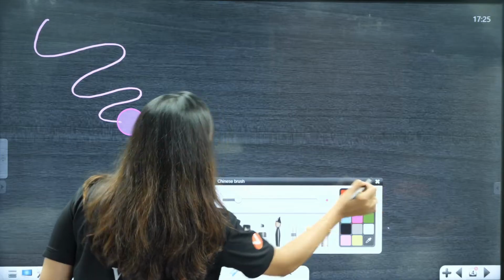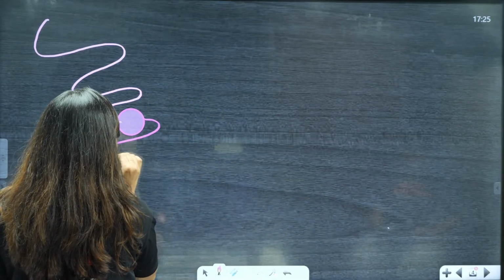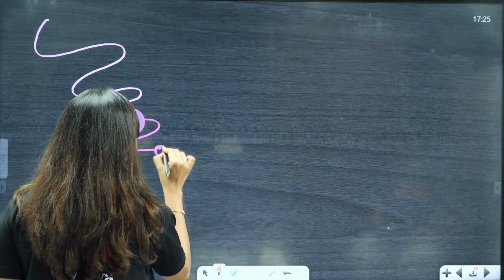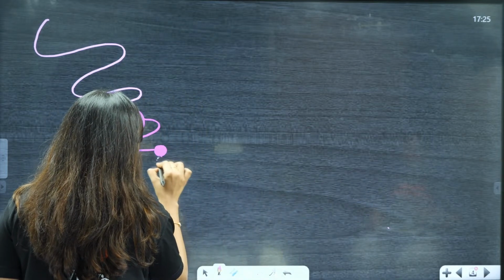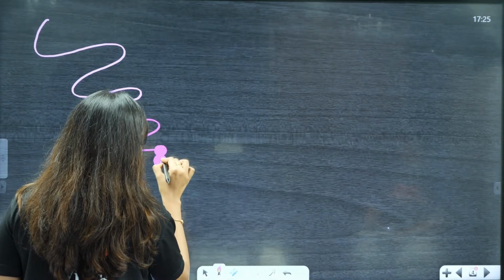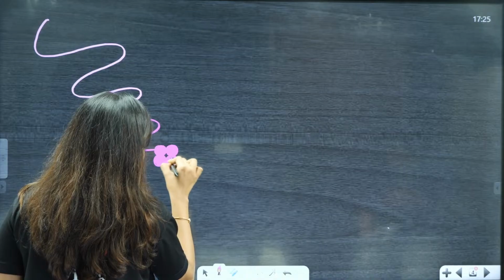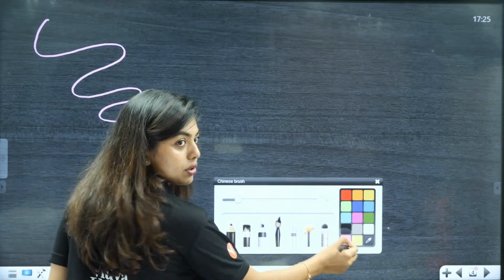Now, this fellow, again, repetition. Like this, many nucleosomes will be there. So, I am drawing it like this, okay. Like this. Many nucleosomes will be there.